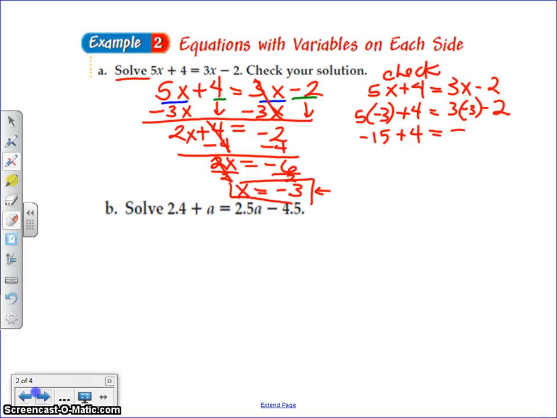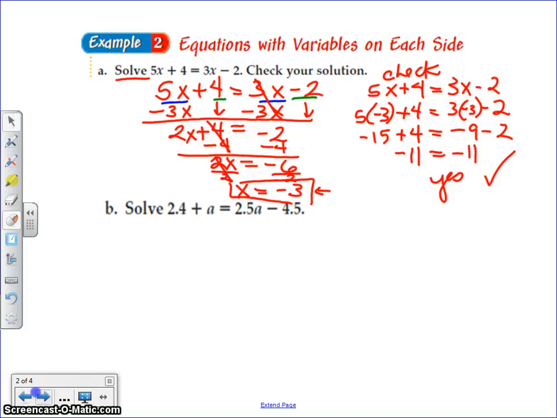Does that equal negative 9 minus 2? Negative 15 plus 4 is negative 11. Does that equal a negative 9 plus a negative 2, which is also negative 11? So yes, my answer x equals negative 3 is correct.